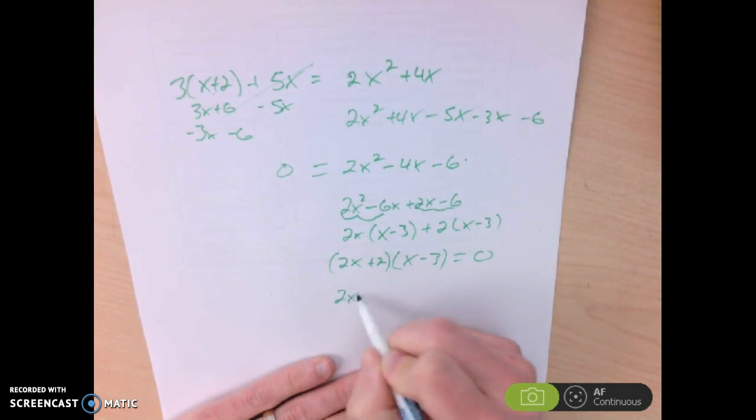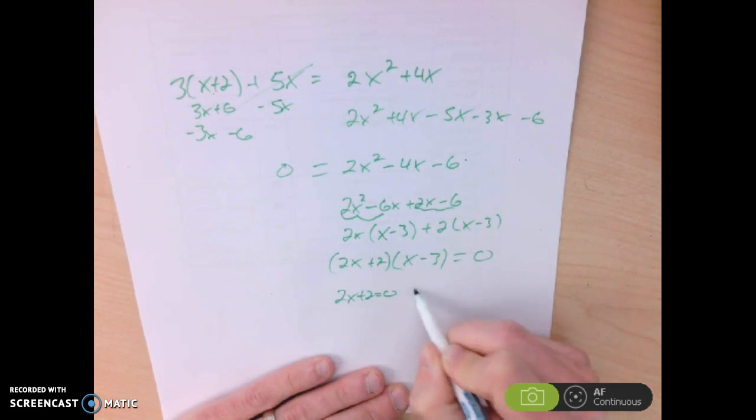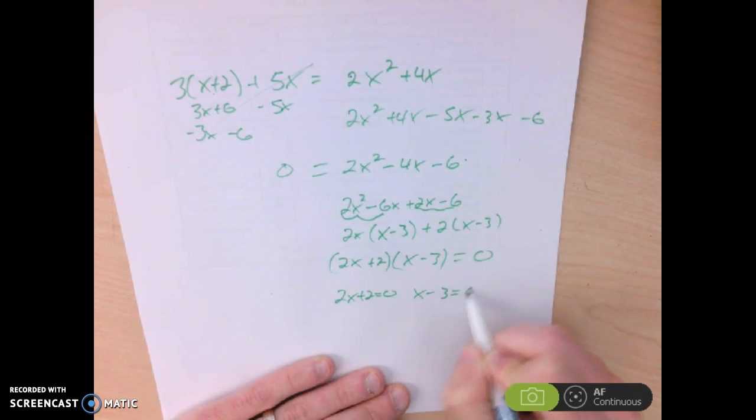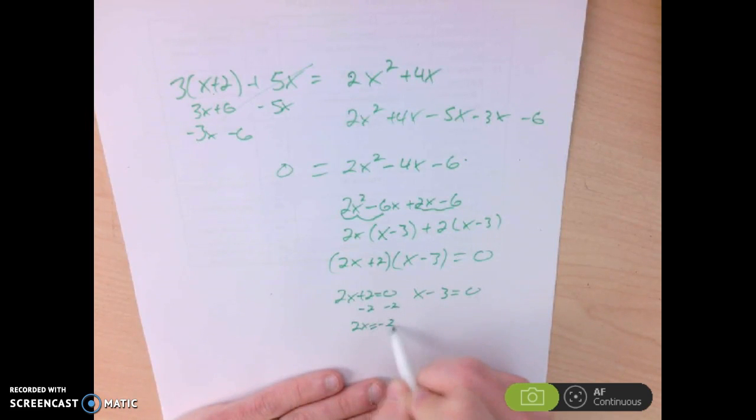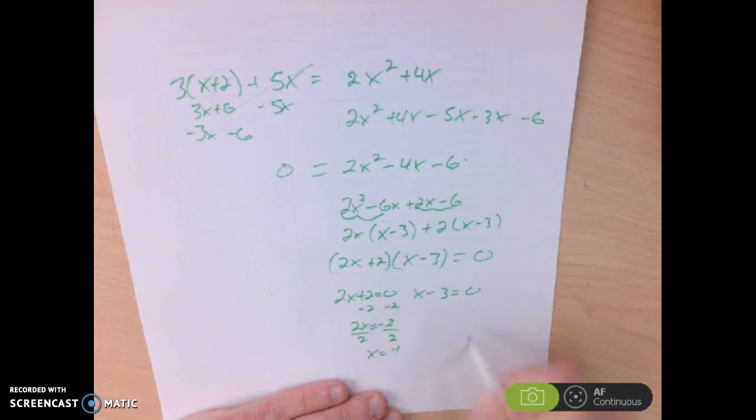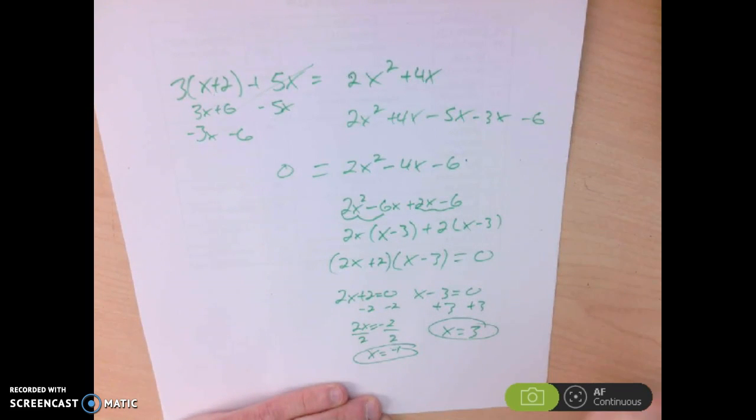So I get 2x plus 2 equals 0. I get x minus 3 equals 0. So if I solve this, subtract 2, 2x equals negative 2, divide by 2, x equals negative 1. Add 3 to both sides over here, I'll get x equals 3. So there are my two answers, x equals negative 1 and x equals 3.